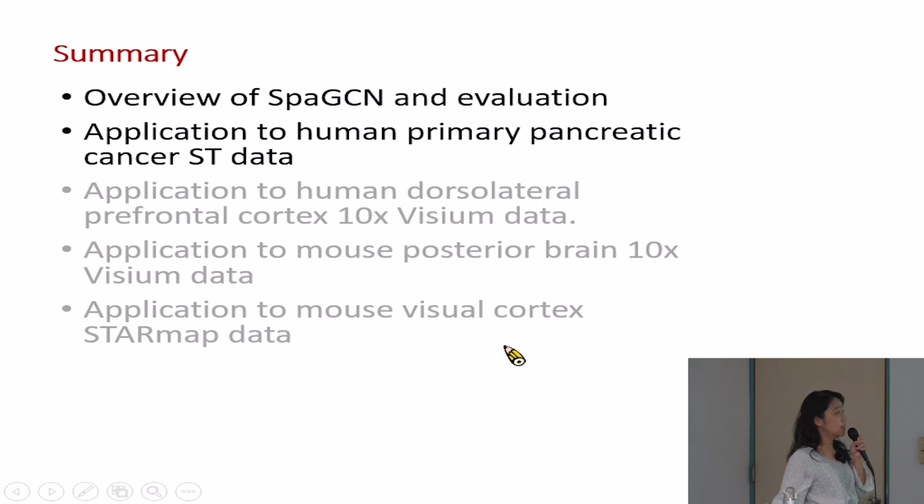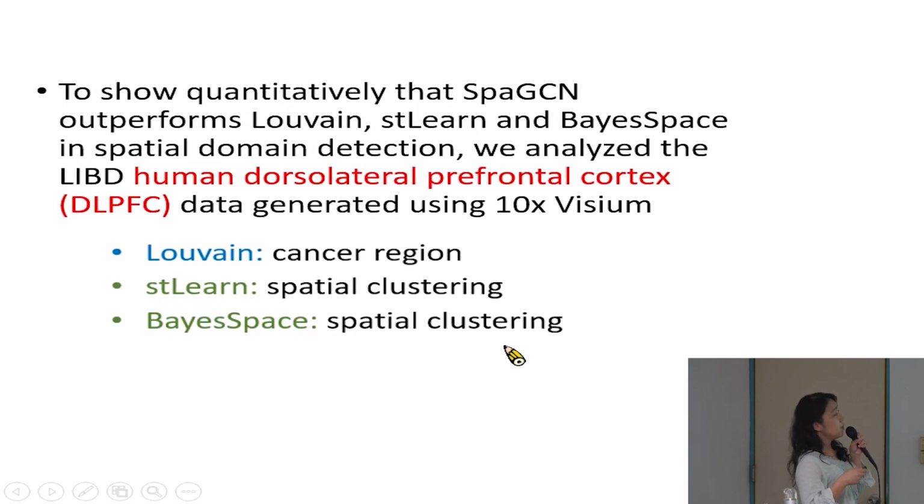They want to further observe whether this tool can be used in the most complex human brain tissue. So they analyzed the LIBD human dorsolateral prefrontal cortex. That data was generated from 10x Visium data, and they compare the cancer region and the spatial clustering through Louvain, ST-Learn, and BayesSpace, these three tools.